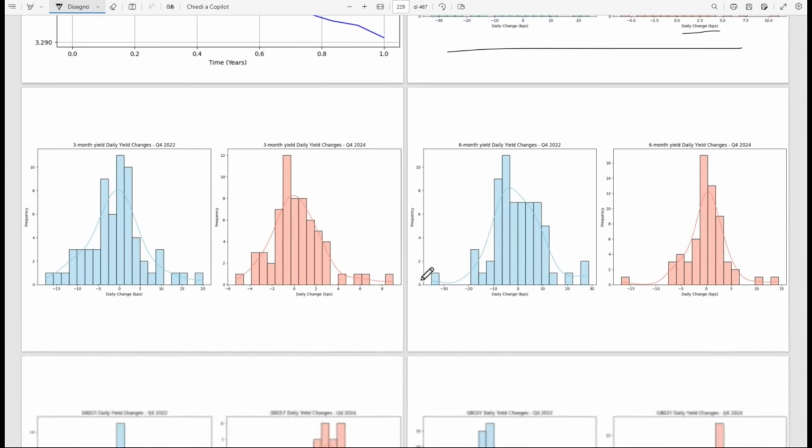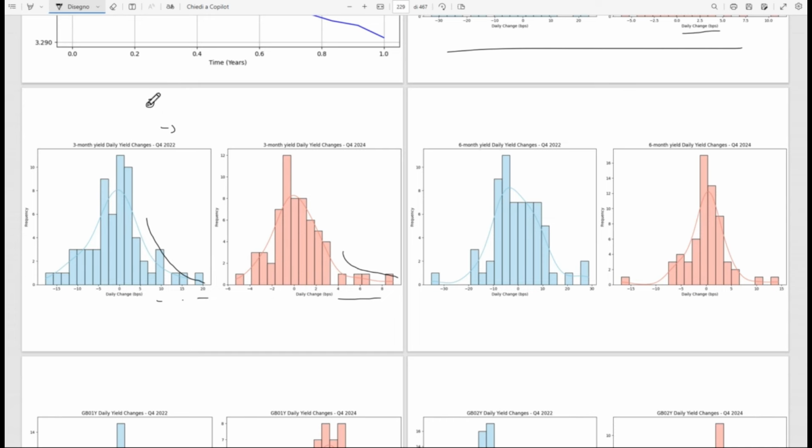So we see that all the curves are more or less symmetric around zero, so more or less normally distributed, but they all have this long, fat tail. These are basis point changes. In 2022 you had 10, 15, 20 basis point changes in one day.